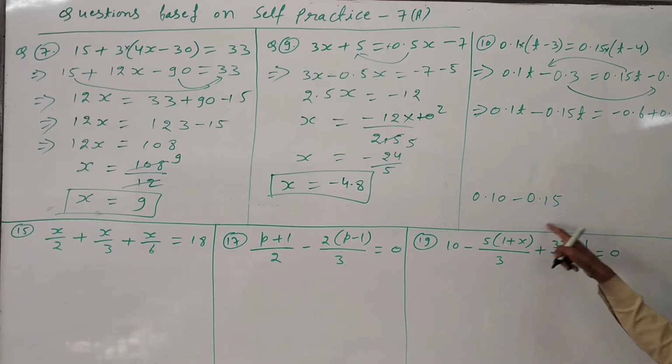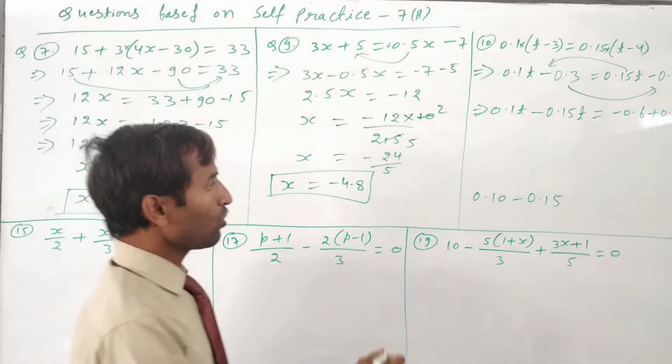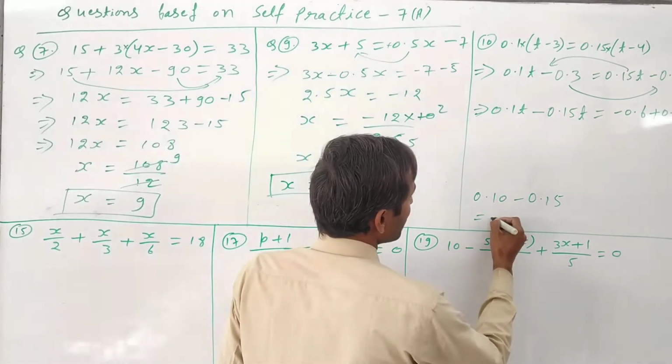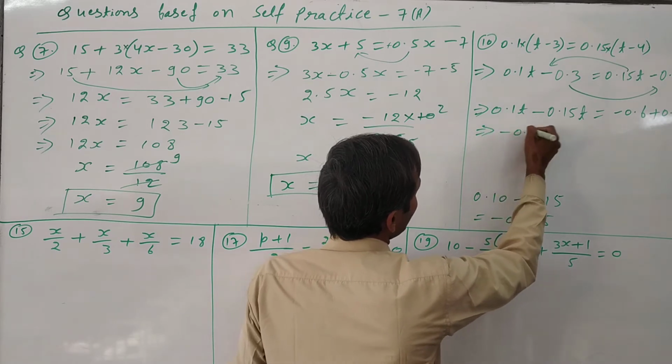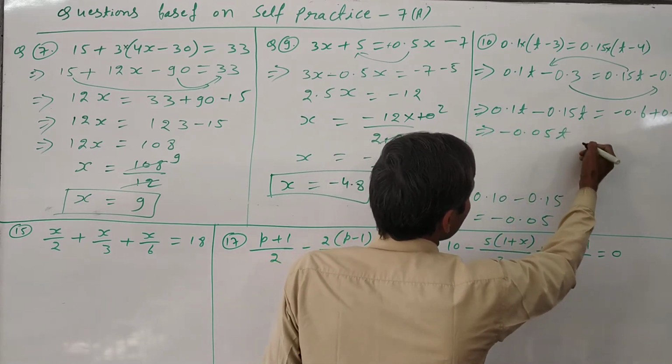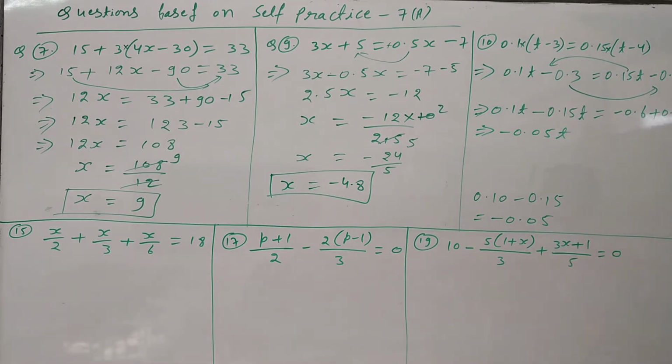But here the negative value is more, so the answer will come in minus only. So it will come minus 0.05. So write down here minus 0.05 t. After that we subtract these both, minus 0.6 plus 0.3, it will come minus 0.3. Now we have to find the value of t.